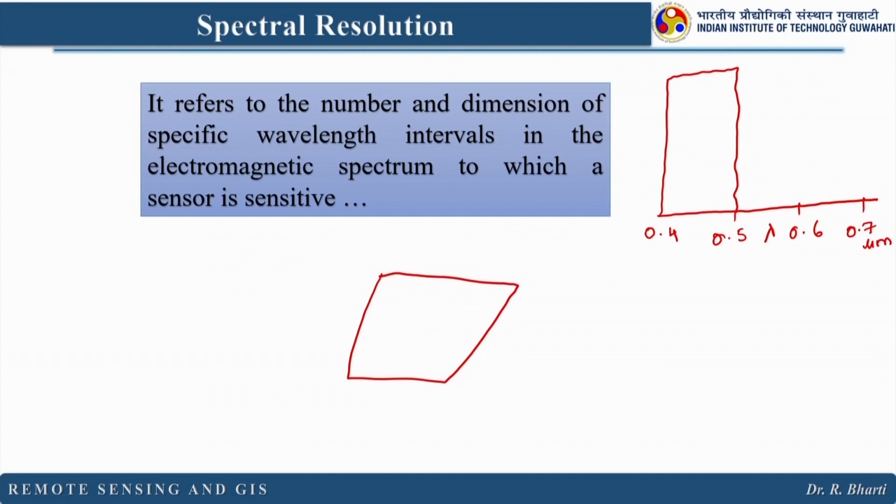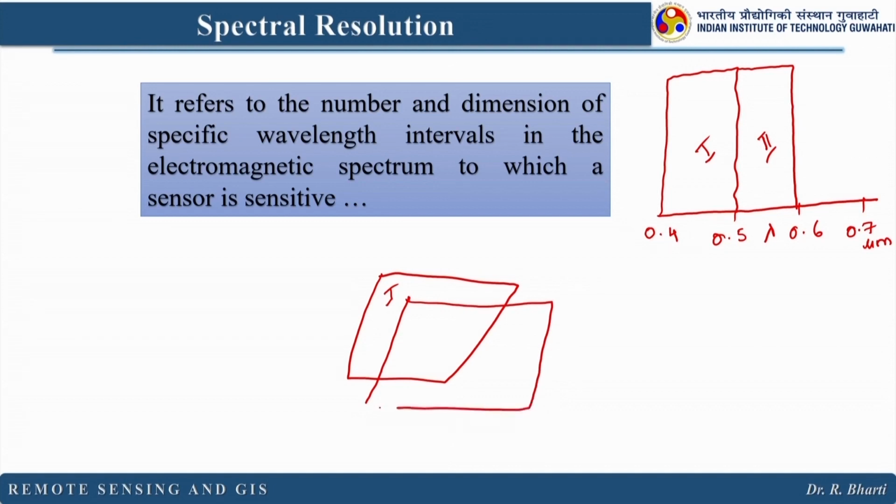In the next one, you have another image, or the same sensor can produce 2 images for the same area, but they use different wavelength regions. So this is the second one and this is the first one. Now the second one will be something like this. So here this is the second image.